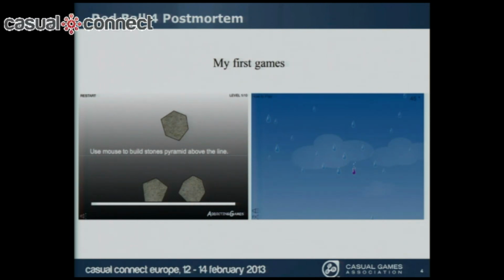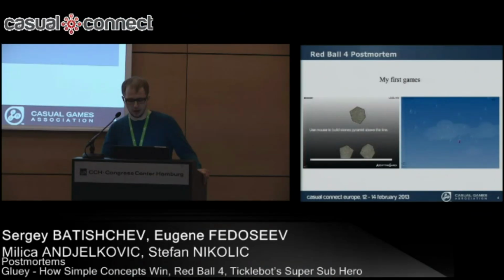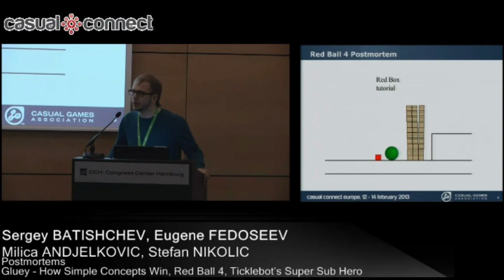Looking through different tutorials on the internet, one lucky day I found a tutorial about platform basics using the physics engine Box2D, and it was a red box, not a ball. You could control this red box and interact with other objects.